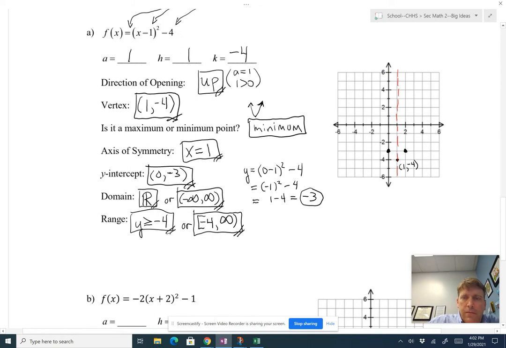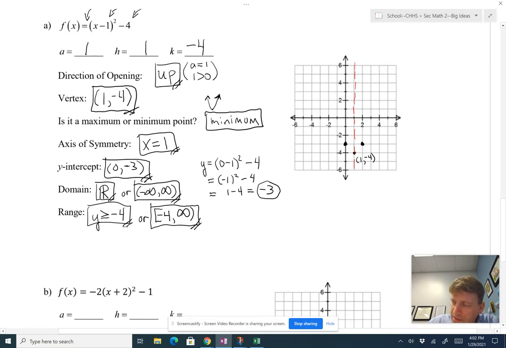All right. As we go to graph this, we'll probably want at least 1 or 2 more points. So let's look at what happens at 3. X equals 3. So we put y equals (3 minus 1) squared minus 4. 3 minus 1 is 2 squared minus 4.